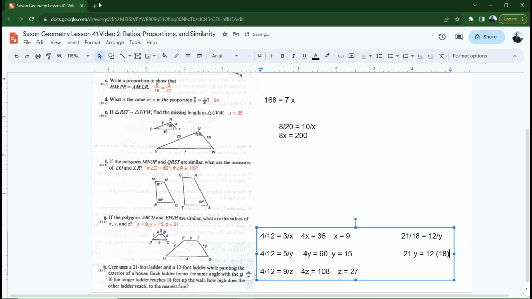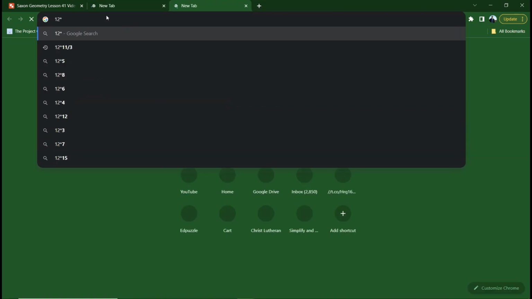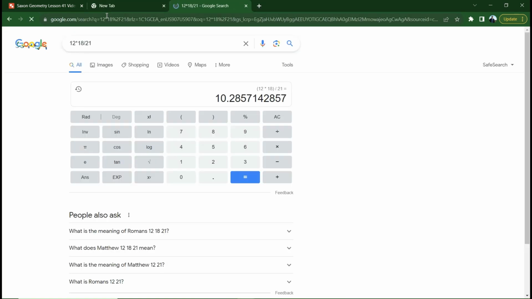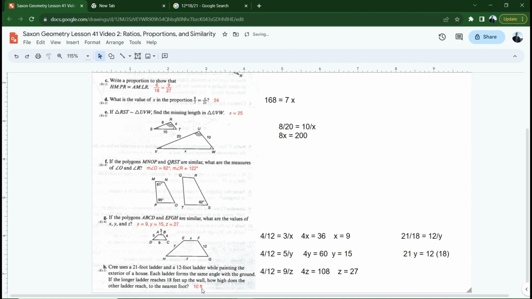This is one that would take a little bit to solve, so I'm just going to use a calculator. 12 times 18 divided by 21, and we should get something like 10.29. Let's see if that's right. There we are. To the nearest foot, it's 10 feet up the wall. All right, that's how you use similar figures with ratios and proportions to solve for unknown sides or variables.